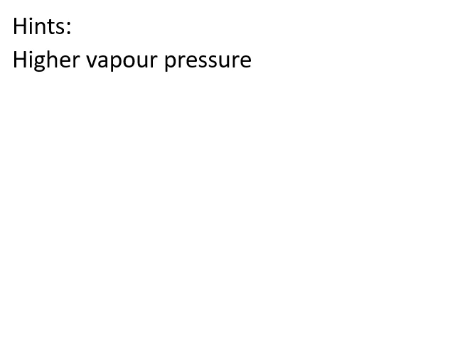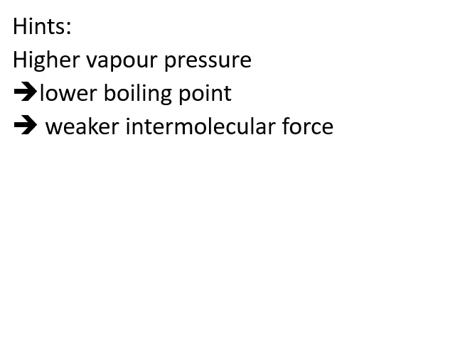Now, higher vapor pressure means that the liquid has a lower boiling point. So if it has a lower boiling point, it means that the intermolecular force is weaker. Just now we already mentioned, acetone has van der Waals force, which is weaker than hydrogen bond.